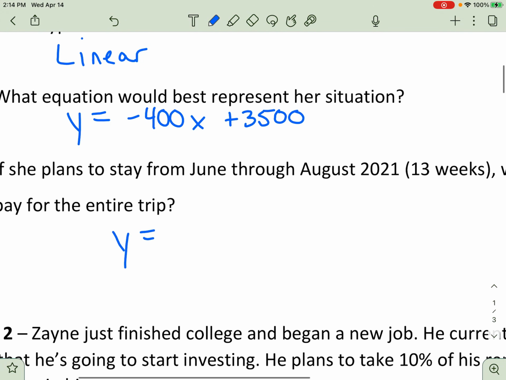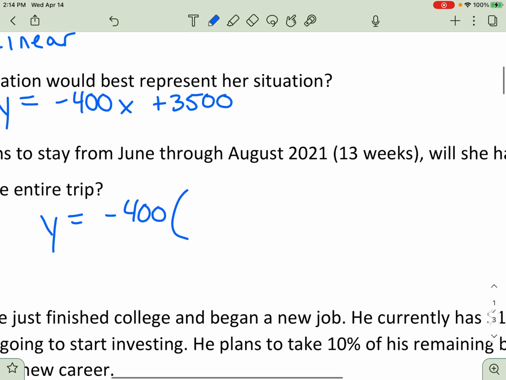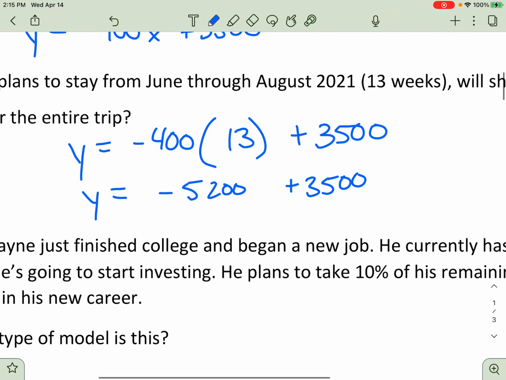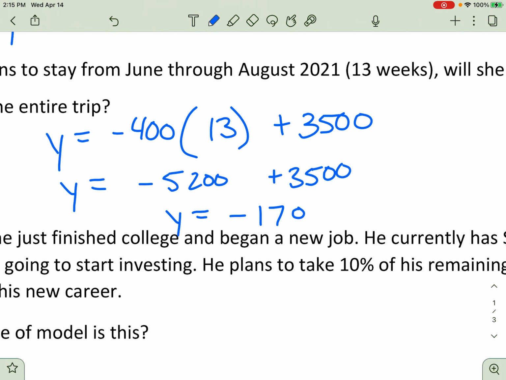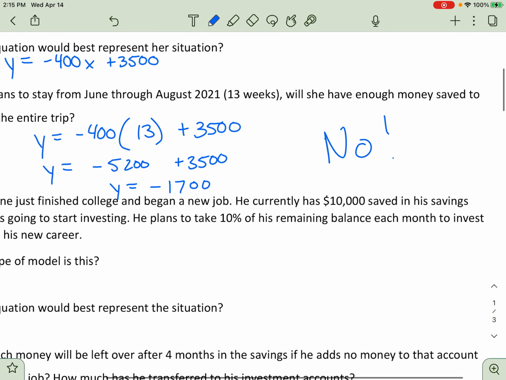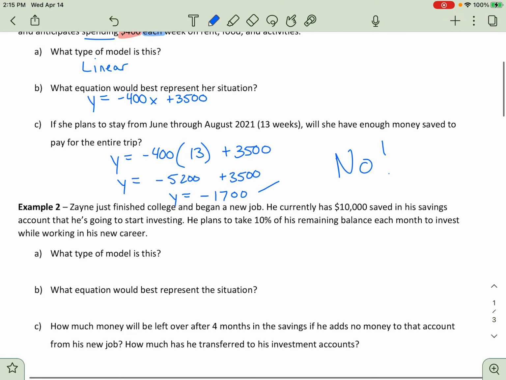So if y equals negative 400x plus 3,500, and we're going to say it's 13 weeks, we plug that in and solve. 400 times 13 is 5,200, so this is negative 5,200 plus 3,500, which gives us negative $1,700. So to answer the question, will she have enough money? No, she will not, because this is negative, and that's her leftover.